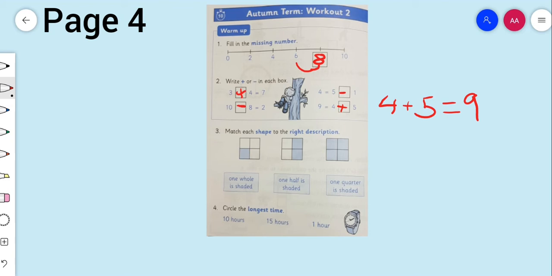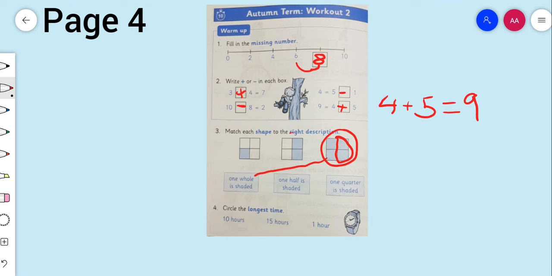So a whole is when all the parts are shaded. So in which square are all the parts shaded? Yeah, you're right. It's this one. So this one will match to this one. And when half of it is shaded, which one is half only shaded?